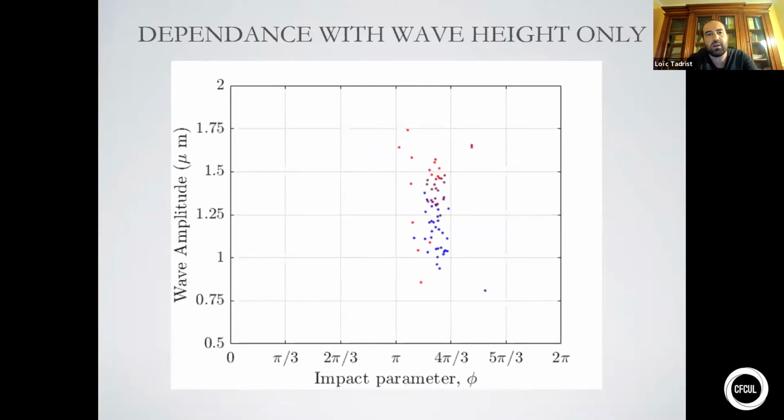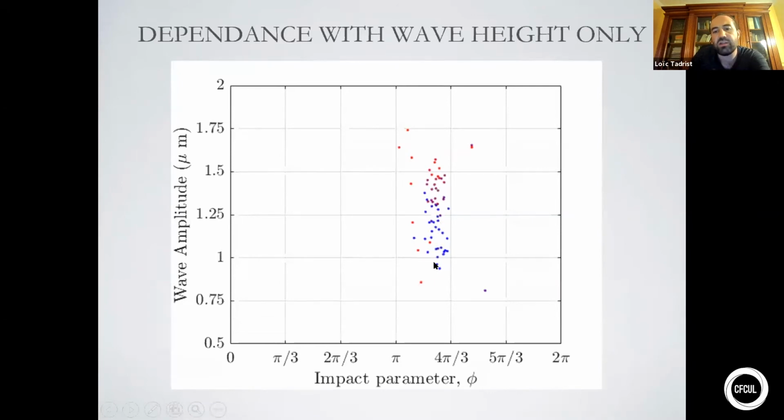Finally, my data set allowed me to test the dependence of the diffraction angle on the wave height. Here are plotted data points taken for the same droplet, with the same impact parameter, but with different wave heights.